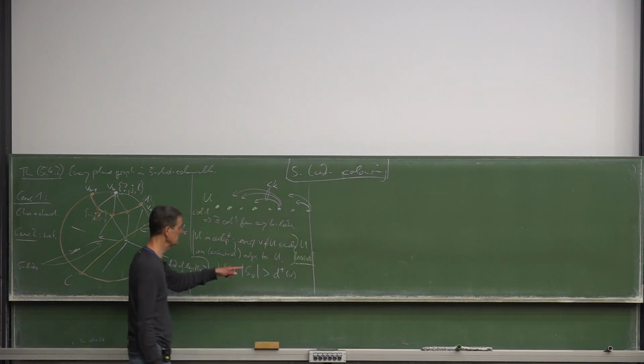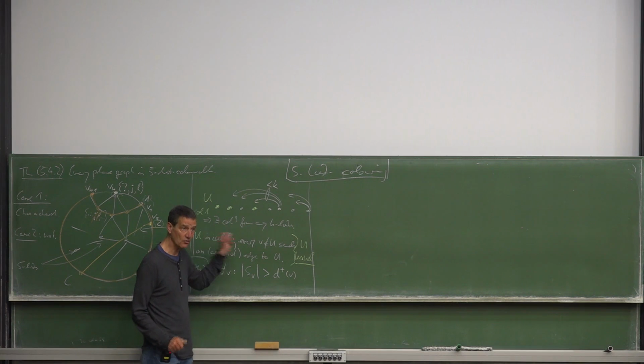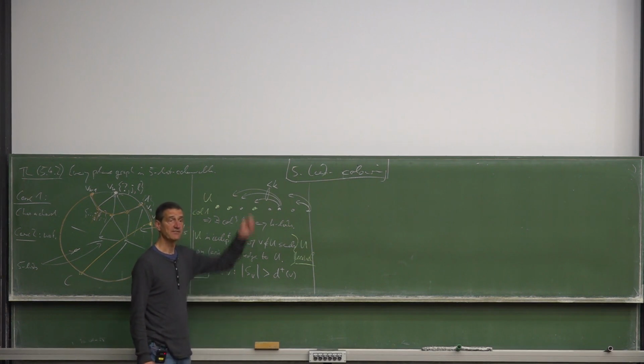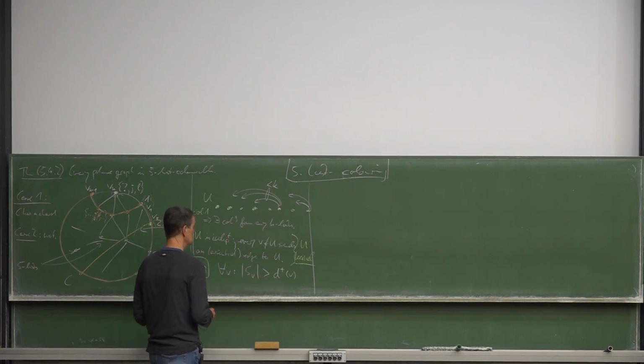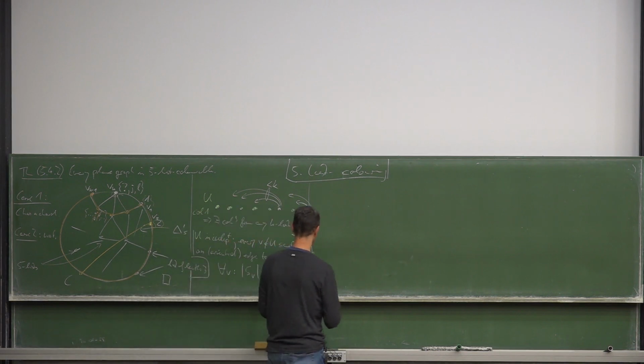So what's a kernel? A kernel in an oriented graph or in a directed graph is a set of independent edges such that every other vertex sends an arrow, an oriented edge, to that set.